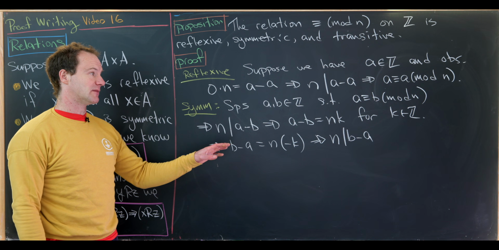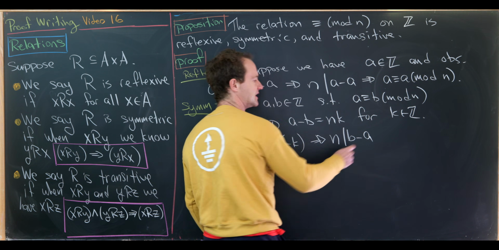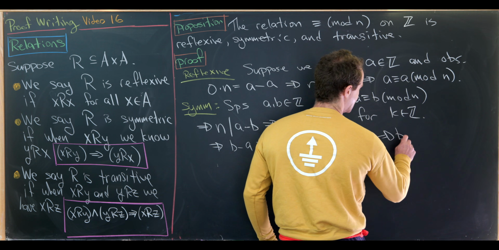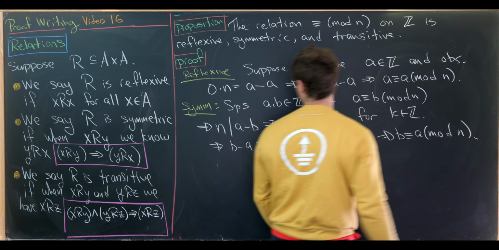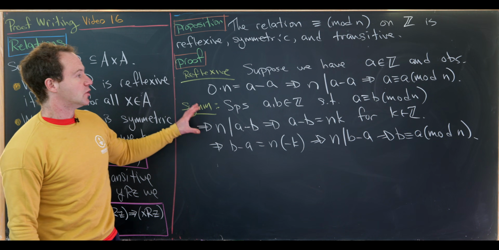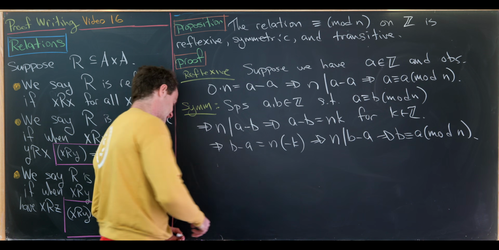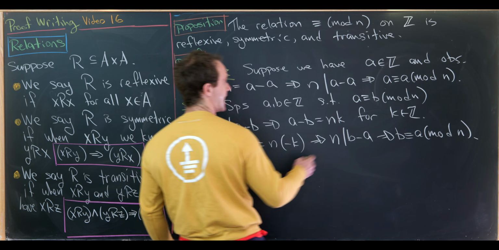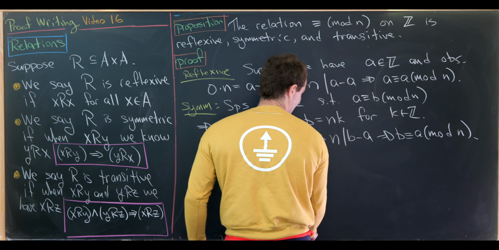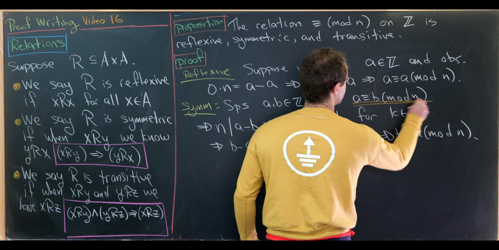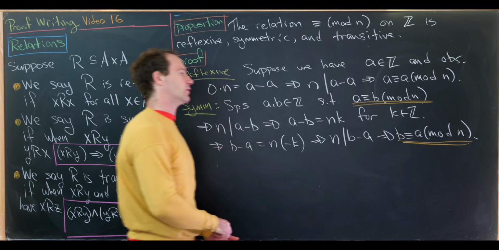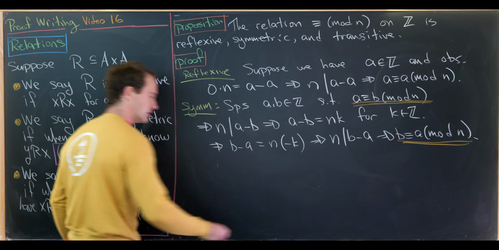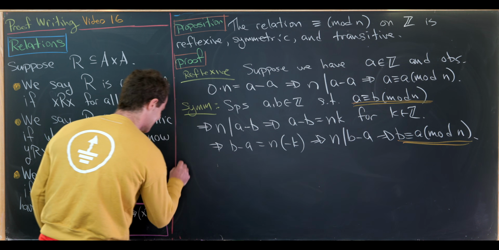But n dividing b minus a is exactly the condition that we want to end this off, which says that b is congruent to a mod n. So that's good. We have symmetry now at this point. Notice we took arbitrary a and b satisfying a congruent to b mod n, and we ended up with b congruent to a mod n, but that's exactly what we needed to do. Okay, good. So now let's work on transitivity.